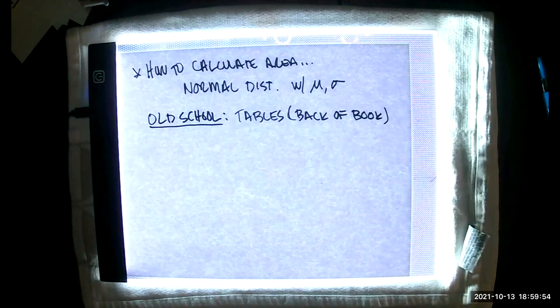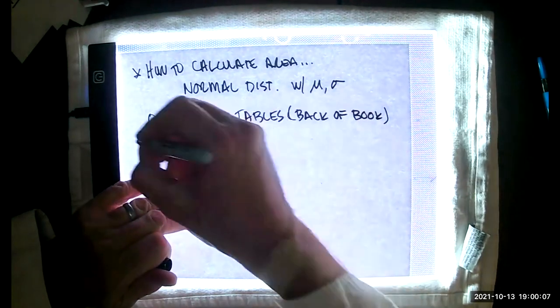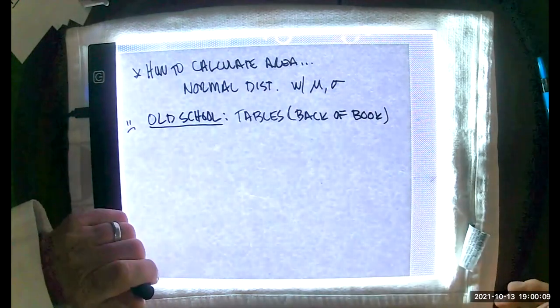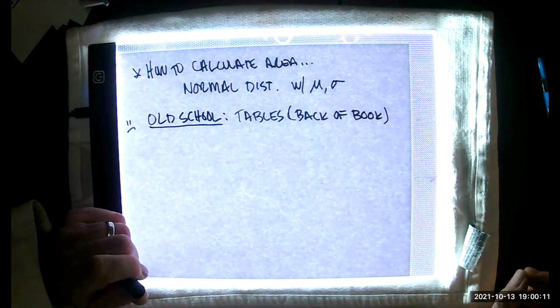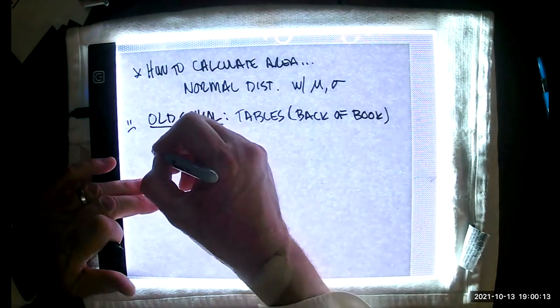Many, many years ago, there were tables of logarithms in the back of algebra books. But then everyone got a calculator and we didn't need those tables anymore. And it's pretty much the same here. I do not use the tables. So old school is really not open to us. We have our calculator.